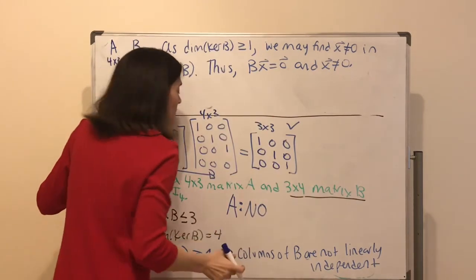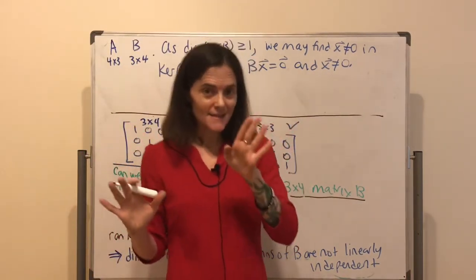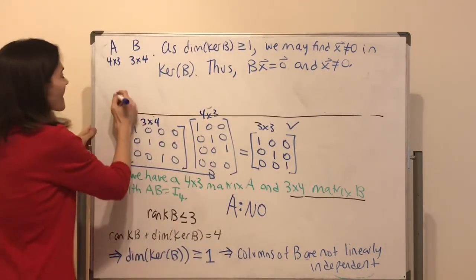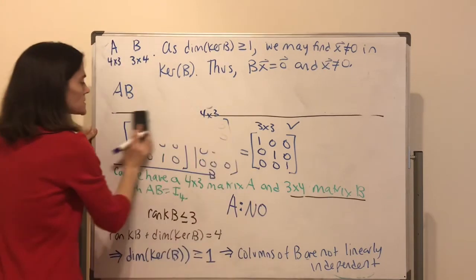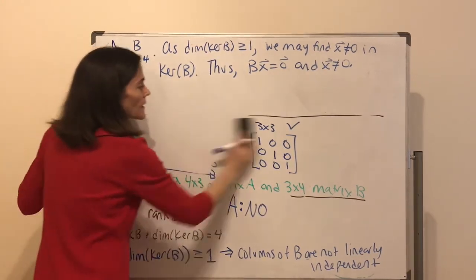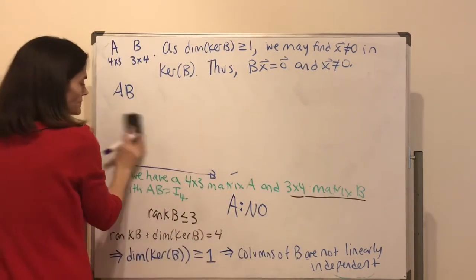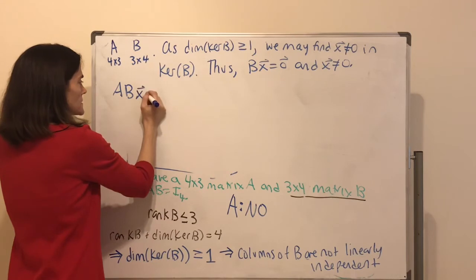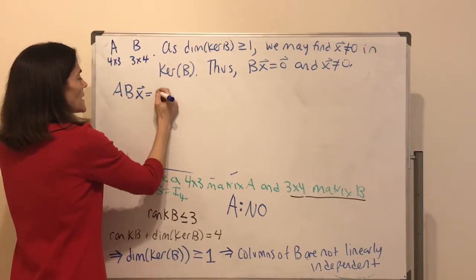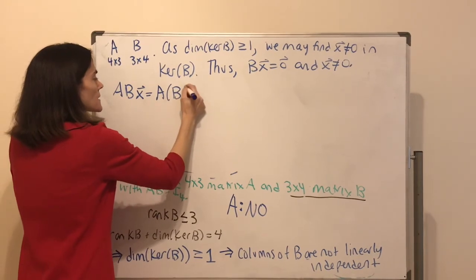Okay, so what happens when I apply AB to x? Well, AB, let's erase this example. It's no longer relevant to what I'm working on. I'm doing the other way. AB x. Well, we can multiply this way. A, Bx.